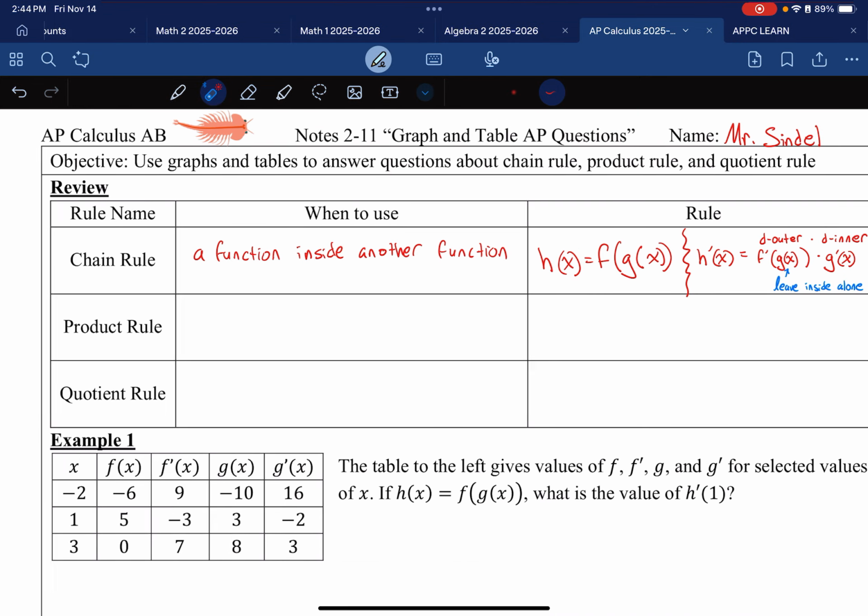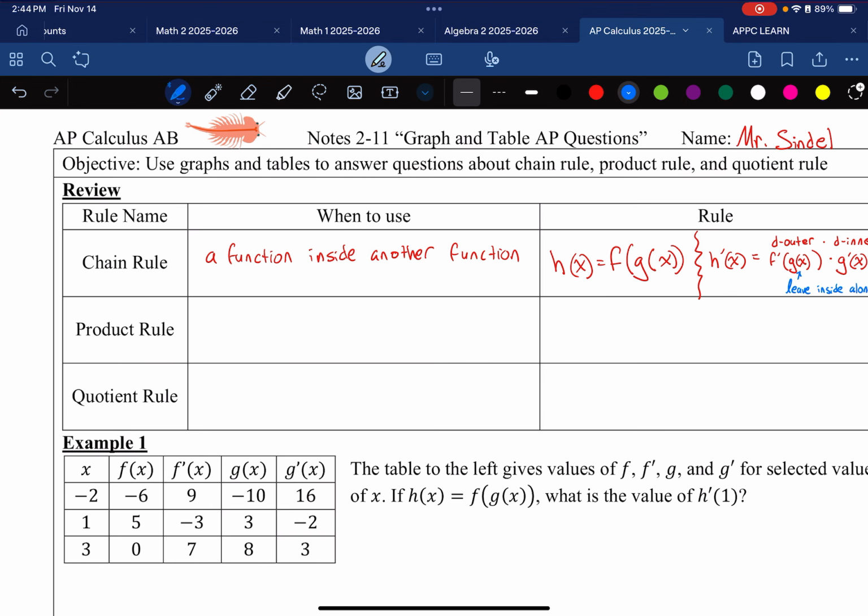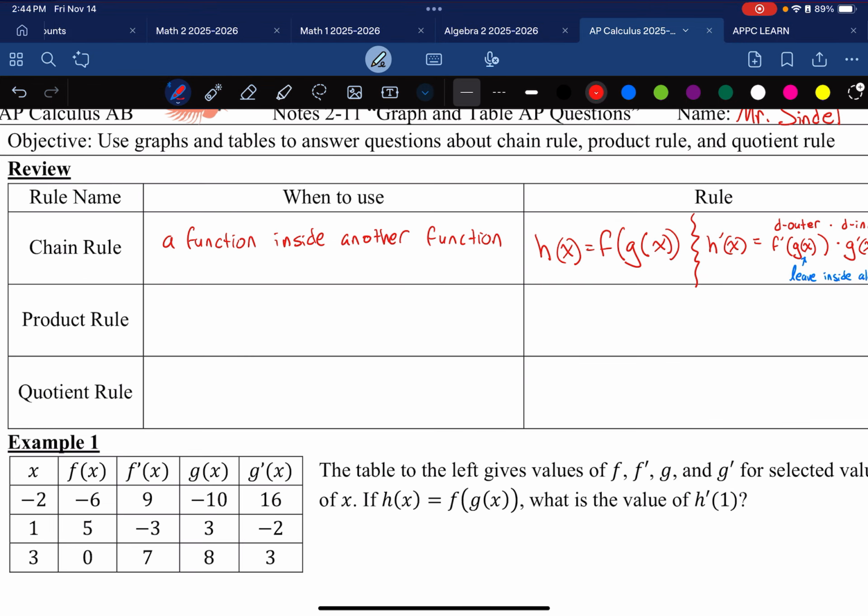All right, what about for our product rule? So usually product rule, we say it's 1d2 plus 2d1, and product rule is whenever you have a function multiplied by another function. So we'll say function times another function.